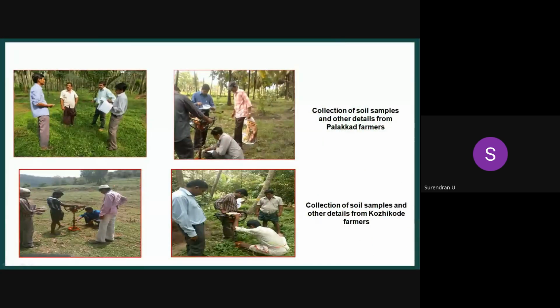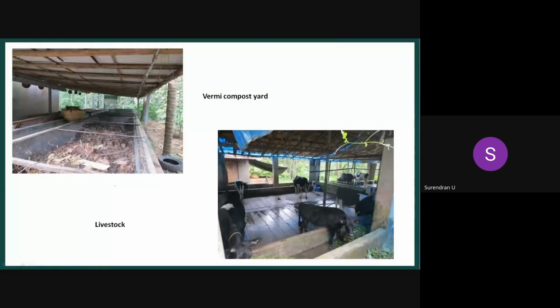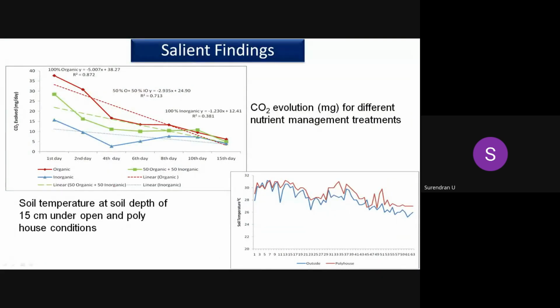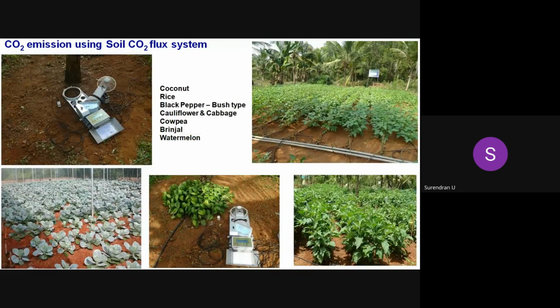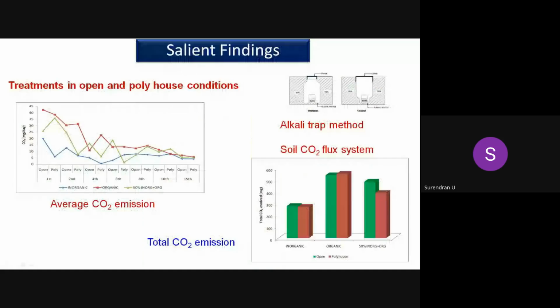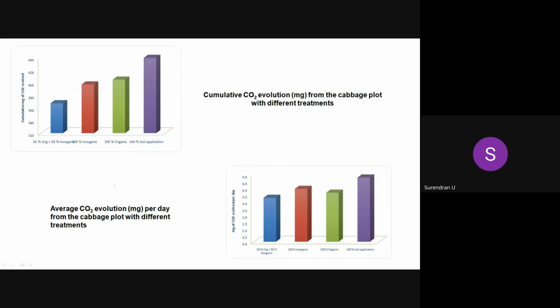This is some sample data of how we collected all those things, including livestock, and a few field experiments to monitor carbon dioxide emission as well as sequestration potential, and then modeling different crops with different management strategies. All those things have been attempted. And the emission, as I mentioned, we compared with the instrument as well as the traditional method, because wherever the instrument is not possible, we have gone with the alkali trap method.